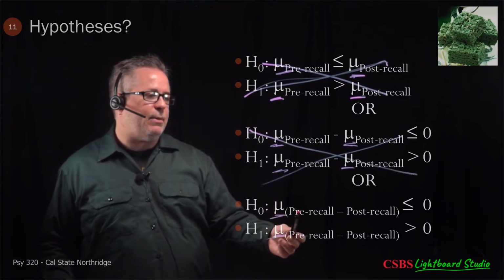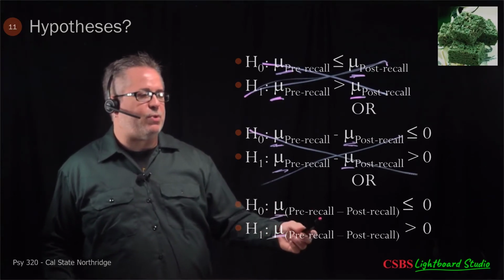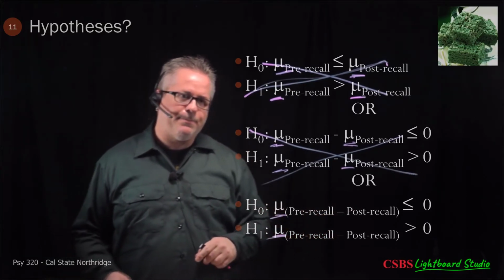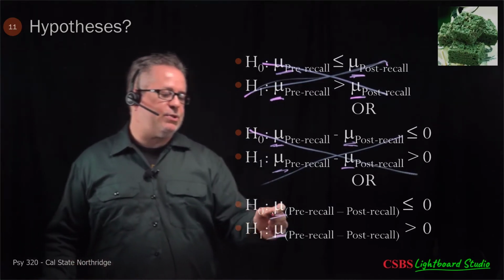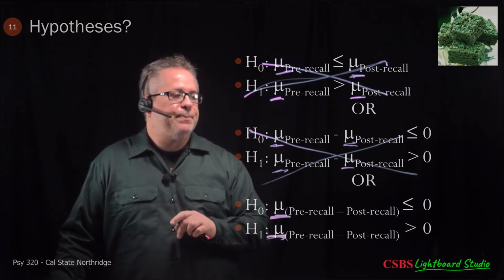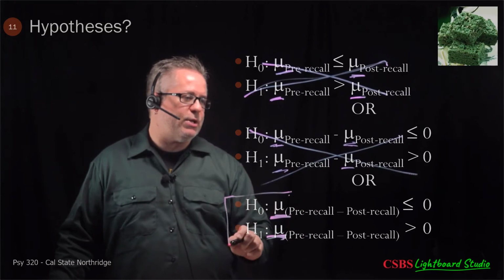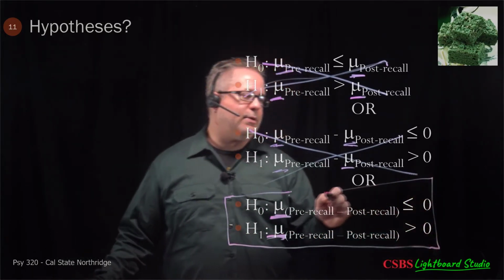So I'm going to take each person's pre-recall score, and I'm going to subtract their post-recall score. I'm doing this for every individual participant. And if I look at that, the mean of those differences is going to be just a single mean, which is what I want. I want just one mean of the differences. This version matches up to what we're going to be doing in terms of the test much better, because I don't have two means.